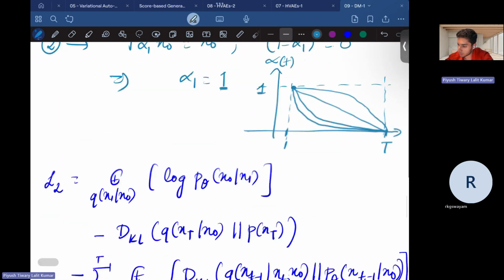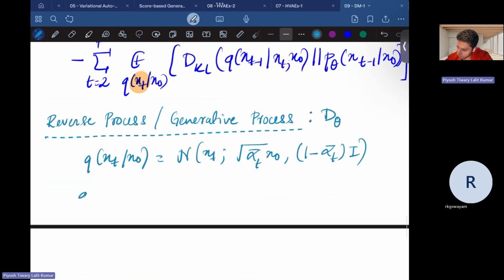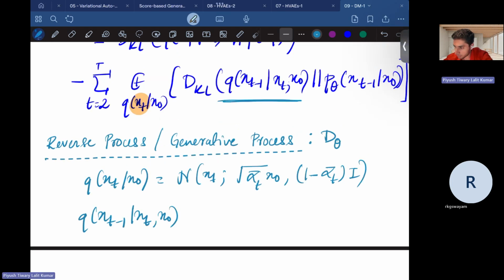So using this, can we derive what is q of xt minus 1 given xt comma x naught? This is what we want to derive, because only when we derive this term will we be able to calculate the KL divergence.